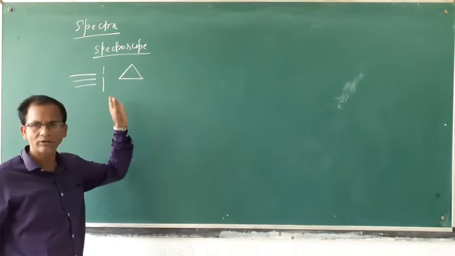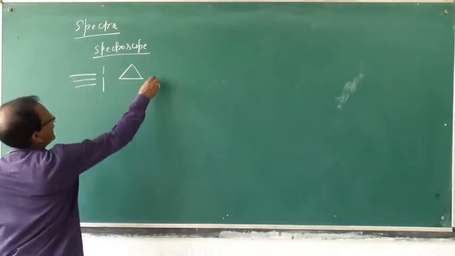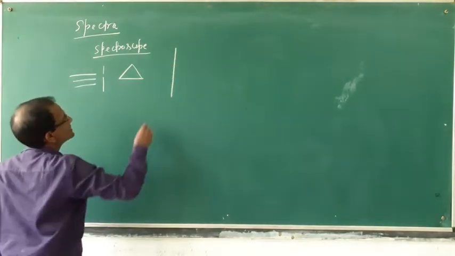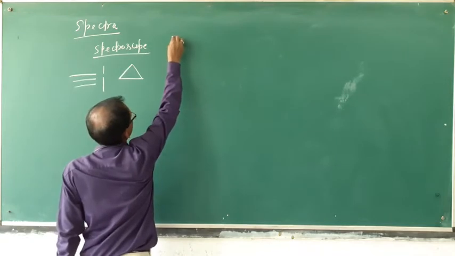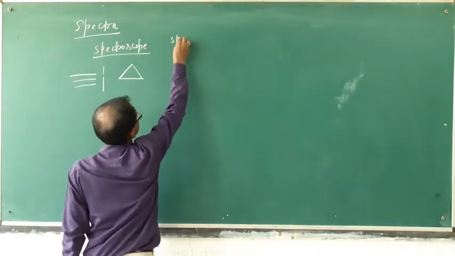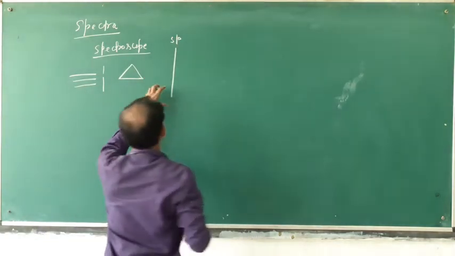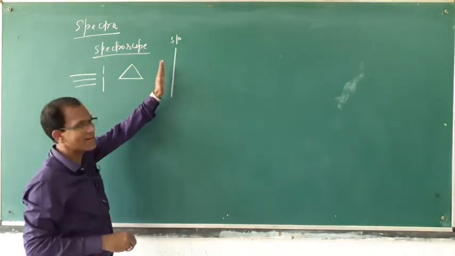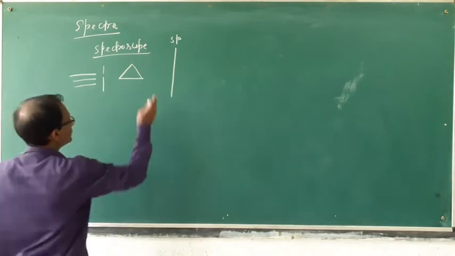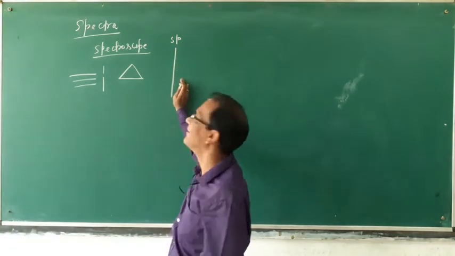It divides the light into different monochromatic forms, and this light will fall on the screen, that is the spectrophotometer, a screen which identifies the radiation produced. When it falls on the screen, it gives illumination, it gives light.